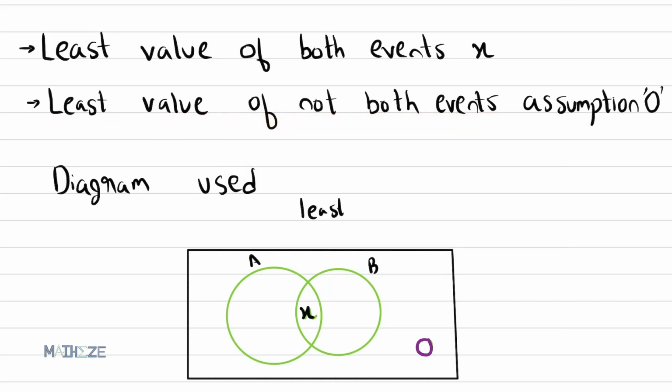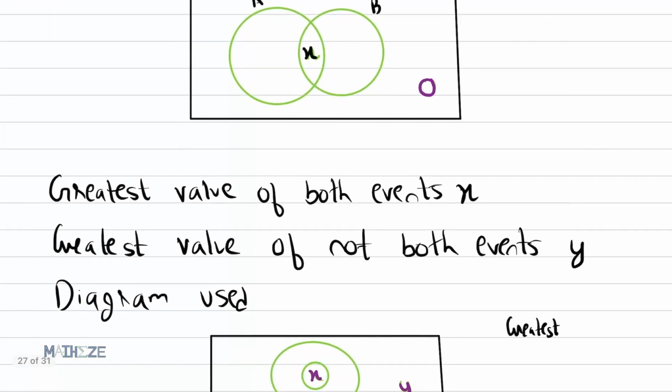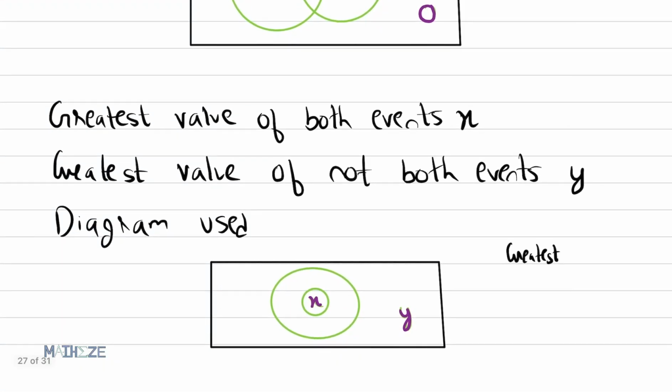If any value is not given to us for that, we always assume the least value of not both events is 0. Got this? So for least value of both events or not both events, we need to make a Venn diagram like this, as simple as this.